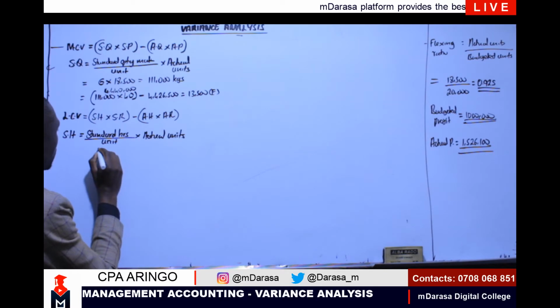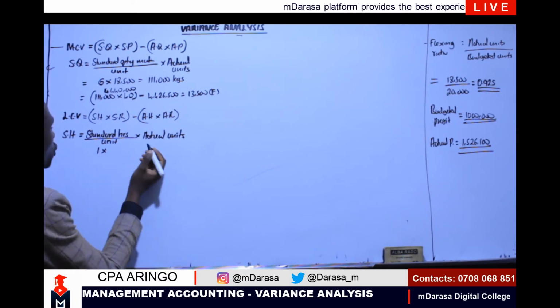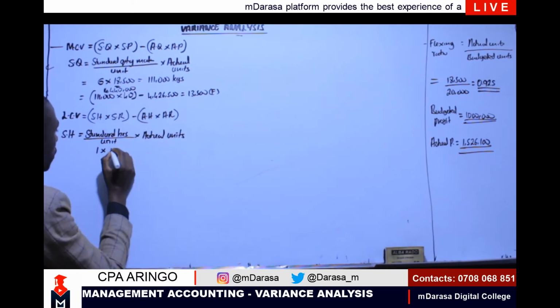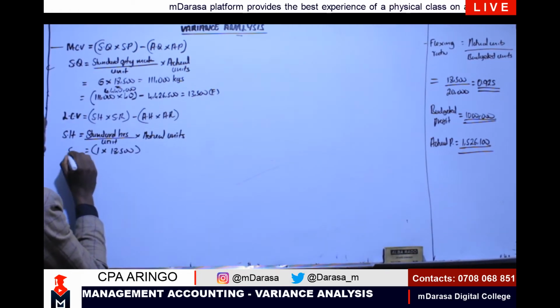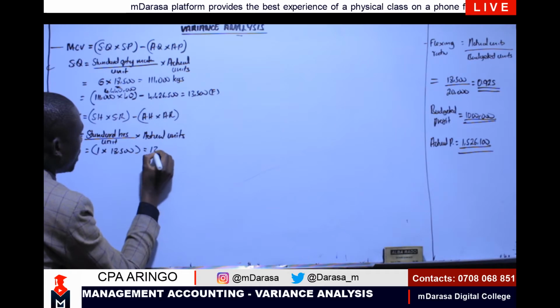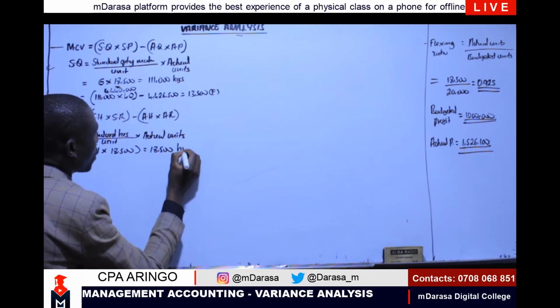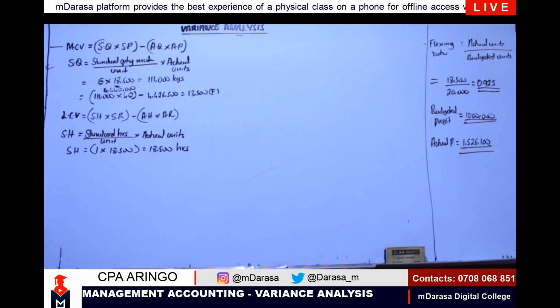1 hour. We multiply by the actual units, which is 18,500. So my standard hours should be how many hours? 18,500 hours.